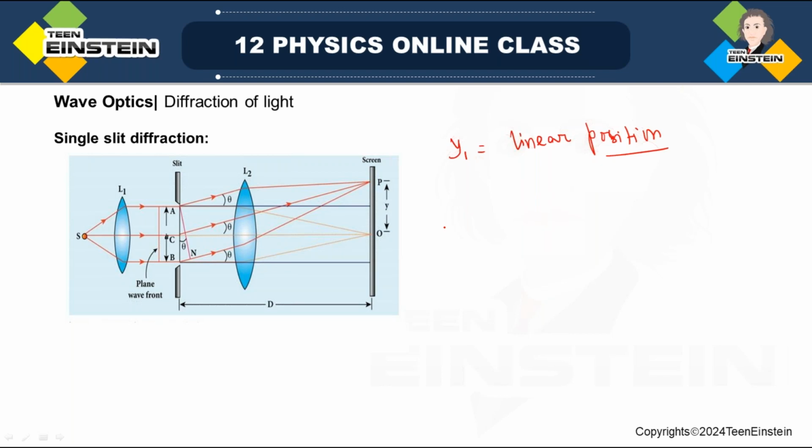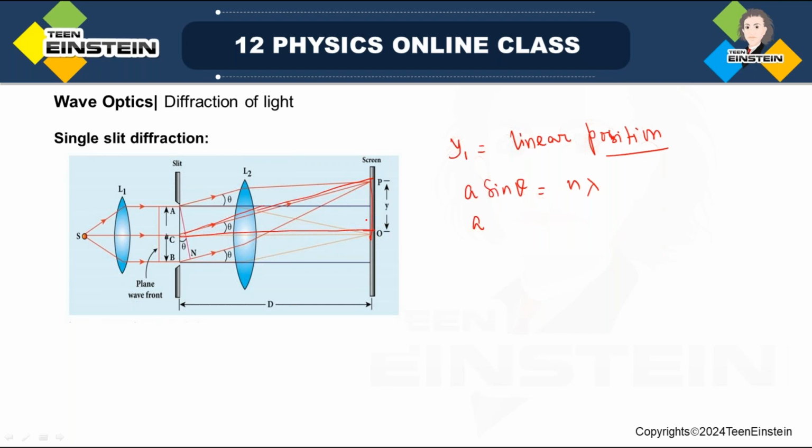So how to find that? See, we get the condition a sin theta is equal to n lambda. Look at the geometry here. See, I have this ray. Let us take this ray up to here, and then like this. So you take this triangle and try to write.